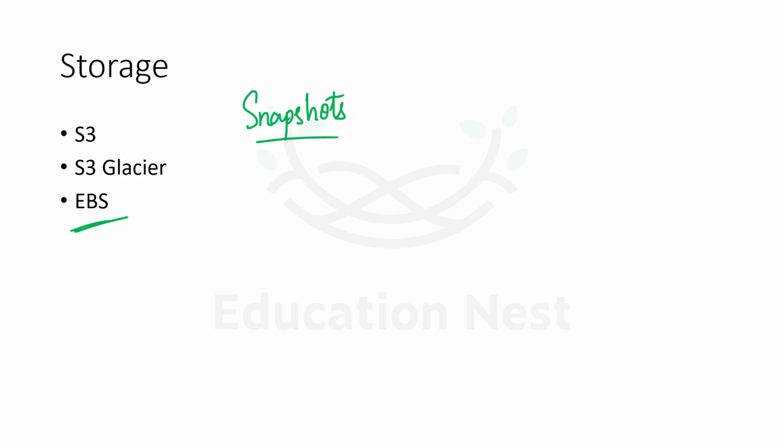Another important thing is you can use EBS volumes to have your on-premises backup. You can replicate your on-premises data using a service called AWS Storage Gateway.